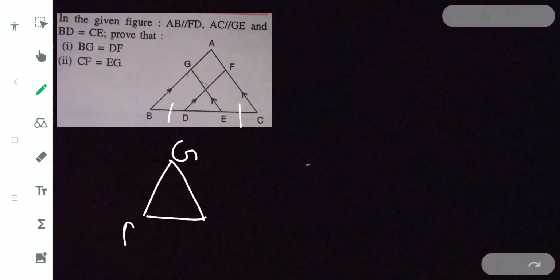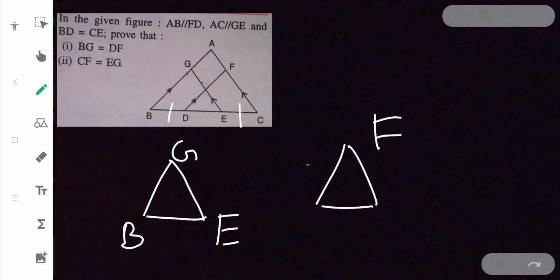But carefully taking these triangles GBE and triangle FDC, it is given in the question that BD is equal to CE.